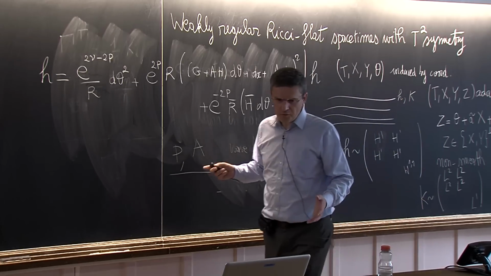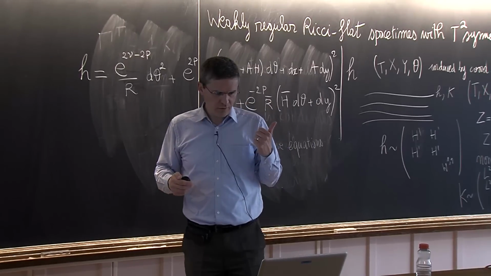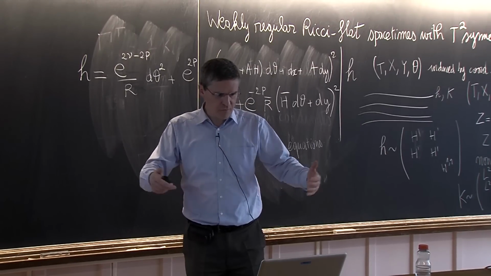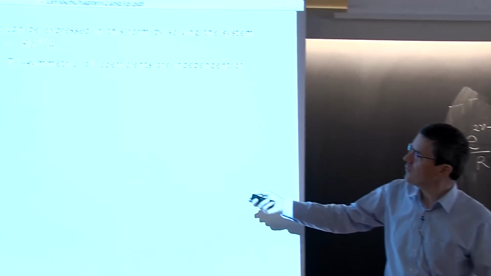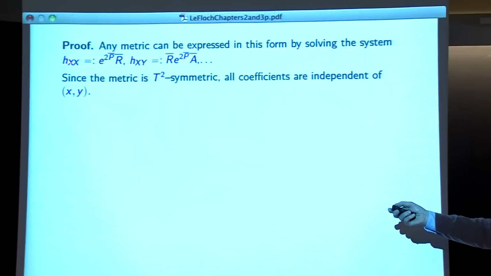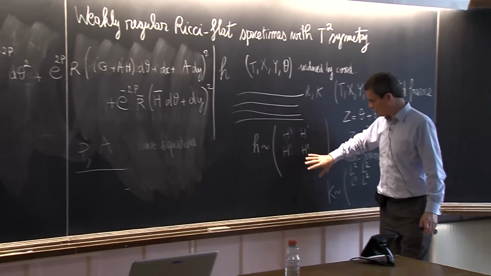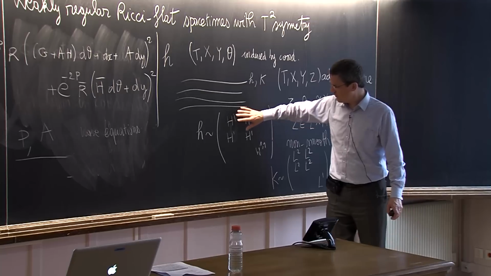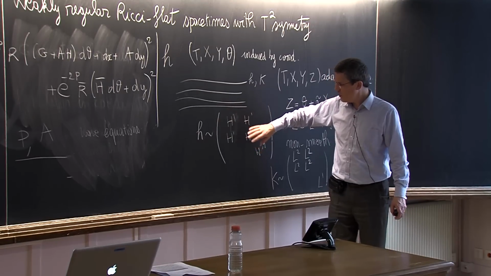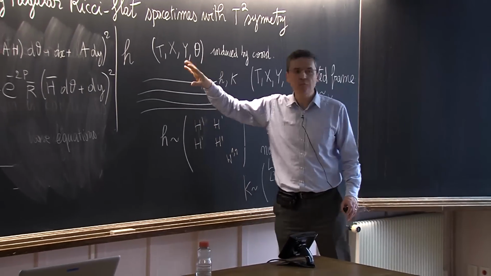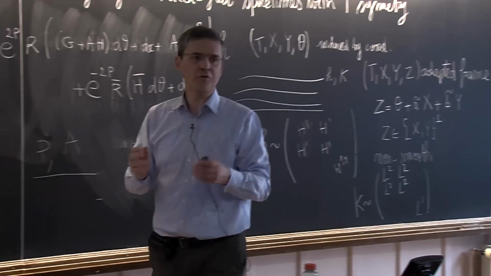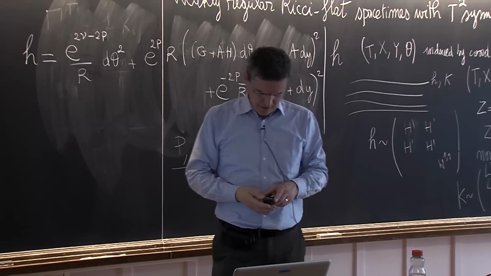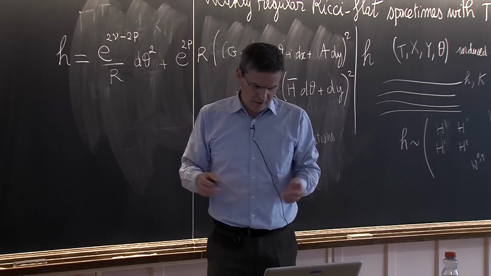And this is always possible because you can simply express a metric in a very general form and solve for that. It only means that I'm taking this matrix here, and I have 6 coefficients because it is symmetric. But I want to take these 6 coefficients in a special form because this is going to be convenient for the analysis, even essential, not only convenient. Okay, so I can always do that.